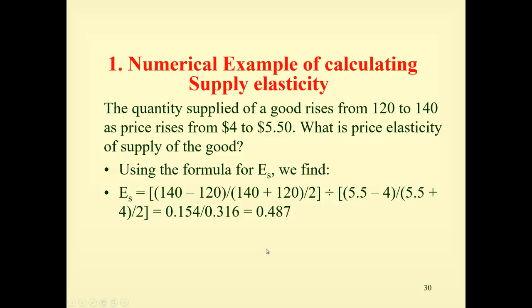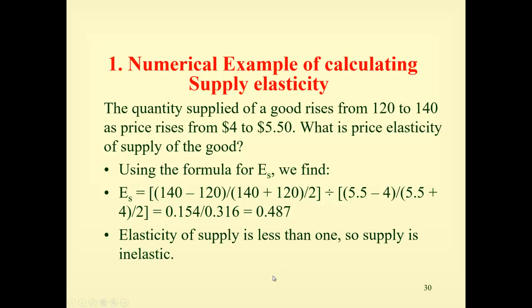Make sure you do it step by step. Make sure you really remember that page. So it's difference over average divided by difference over average. If you do that, your answer will be 0.487. That would be inelastic supply. You should practice that several times by yourself until you learn.